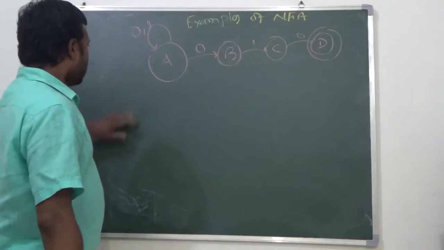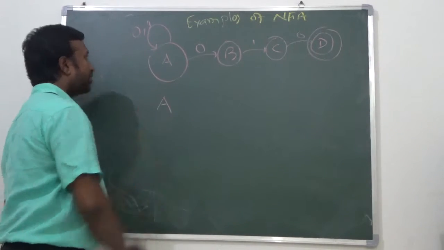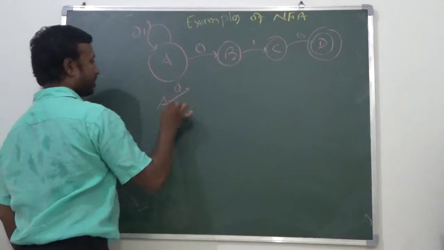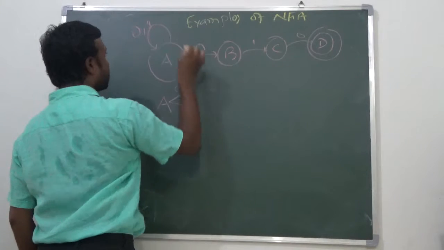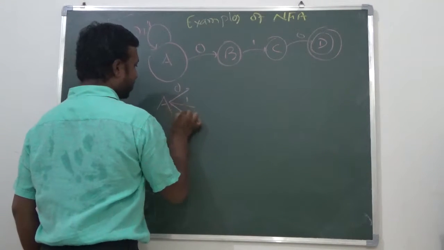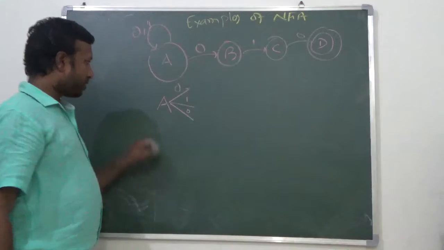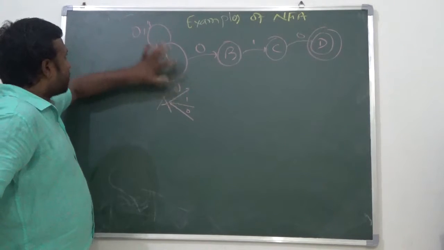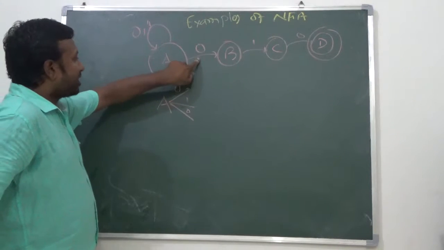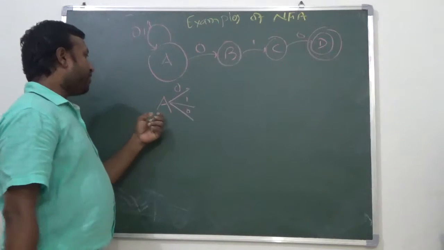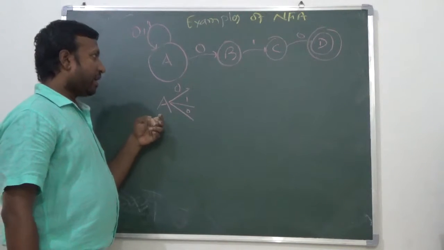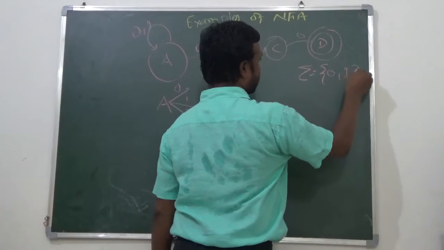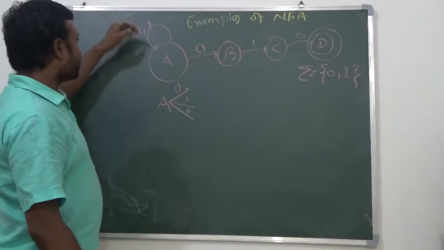If we analyze A, we will find one branch for 0, one branch for 1, and there is one more branch for 0. Sigma is 0, 1, because the machine is processing 0 and 1.